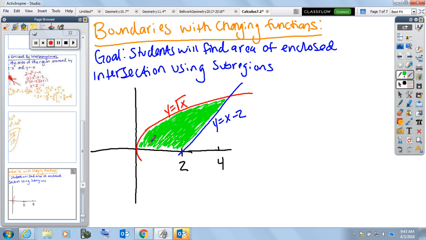There's no input from here to here, from 0 to 2 in this example. We know that it would go down forever if we're curious about that. We want it in the first quadrant, though, is what the question says. And that's what we're focused on, everything that's in green. And so there's no relationship from 0 to 2 between the red and the blue, to keep things simple.